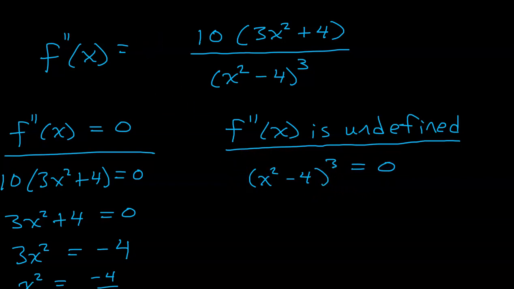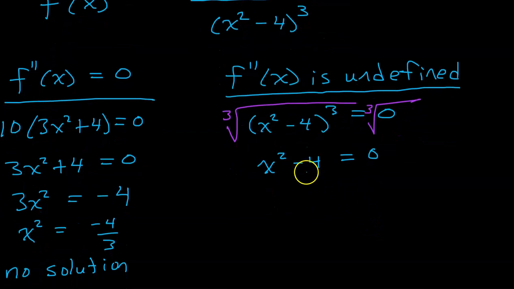If we take the cube root of both sides, then I will have x squared minus 4 is equal to 0. Does this seem familiar to you?